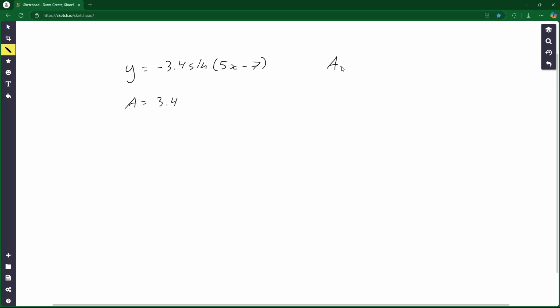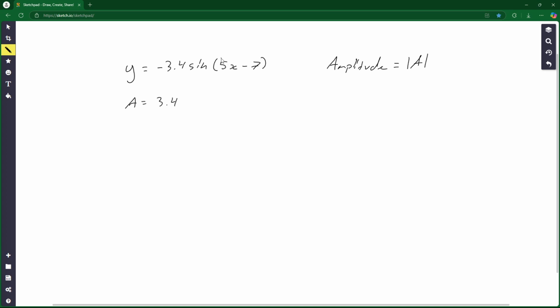Amplitude, I forgot to say, amplitude is the absolute value. Let me write it this way: amplitude is equal to the absolute value of a. So if it's negative, the absolute value of a negative is going to be positive. That's why our amplitude is 3.4.